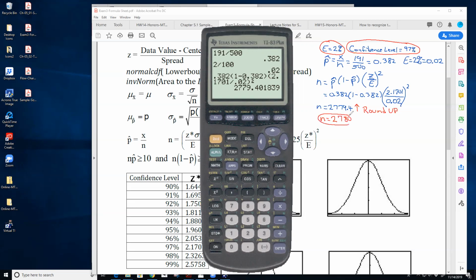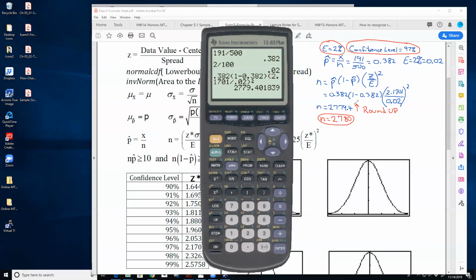So that's my final answer. I don't leave my answer with a decimal part on it. That's silly. That's not a sample size. A whole counting number is a sample size. And this is the only place we round up. Everywhere else we round off. But with sample size calculations, it's customary to round up to the next whole number.